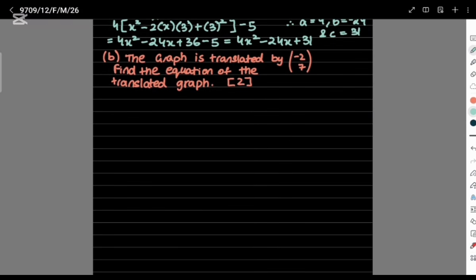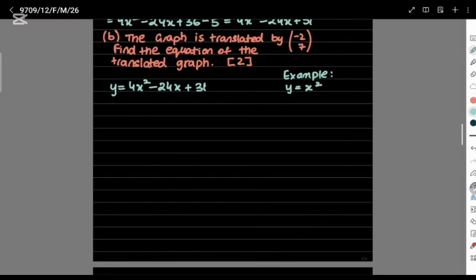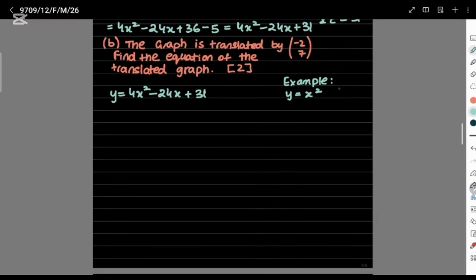Graph is translated by (minus 2, 7). Find the equation of the translated graph. So, alright, in part A we found that the equation of the curve is 4x squared minus 24x plus 31. Now let me give you an example. If a curve is something like this, y is equal to x squared, and you translate it by (minus 2, 7), what does that mean?